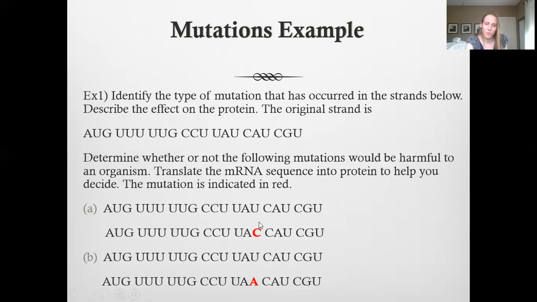And especially for the A and B, the two point mutations, figure out if they would be a silent mutation, a missense mutation, or a nonsense mutation. So what you're going to be checking for in that case is to see if UAU and UAC code for the same thing or code for different amino acids, or if UAC or UAA are stop codons. Okay.